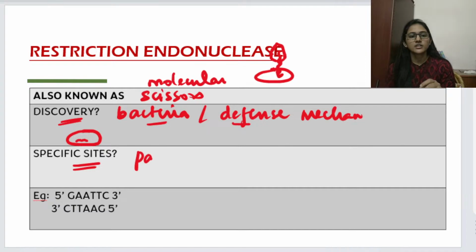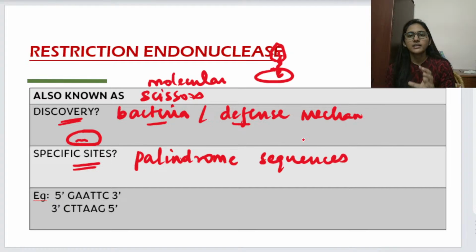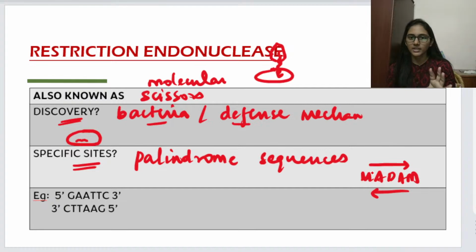This specific site is called the palindromic sequences. What is a palindrome? For example, suppose there is the word madam. If you read from right to left or from left to right, it reads the same. That is called a palindrome.